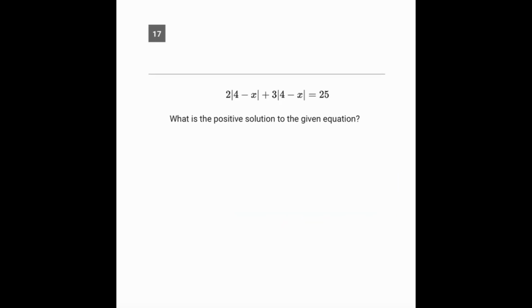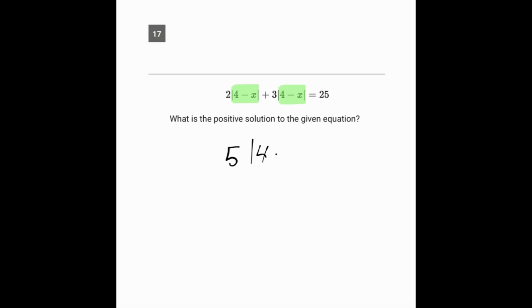Question 17 touches on something that shows up on the SAT in a really subtle manner. And that's the idea that when you have things in parentheses, now I know these are not parentheses, but absolute value symbols do kind of work like parentheses a lot of the time. So you have something in parentheses and you can kind of group them accordingly. In other words, we have 2 of these things and 3 of these things.